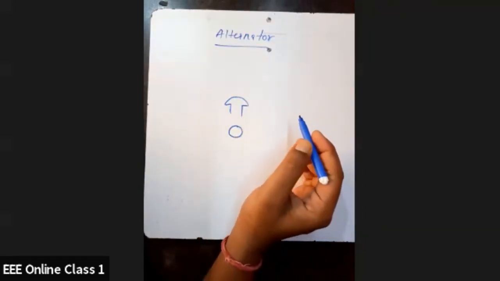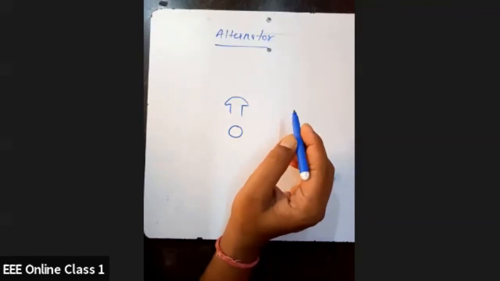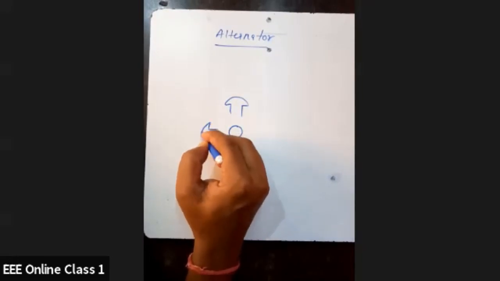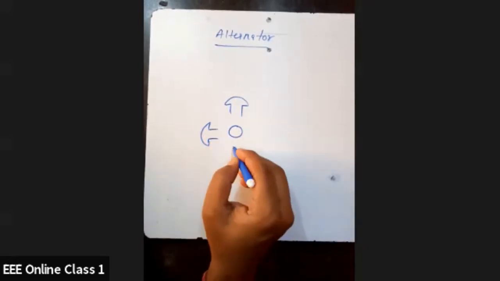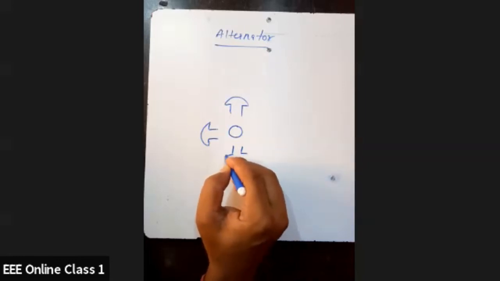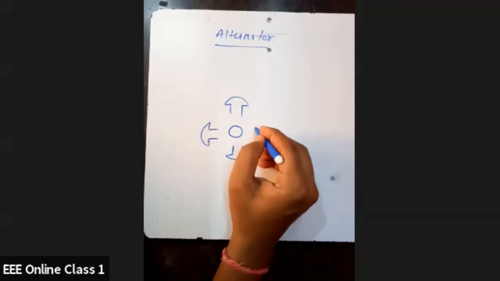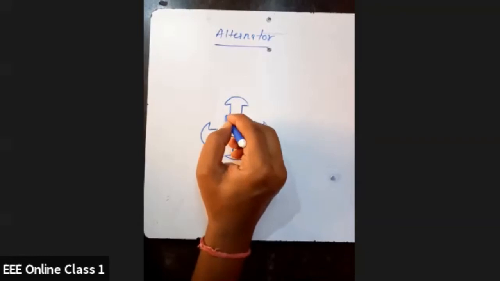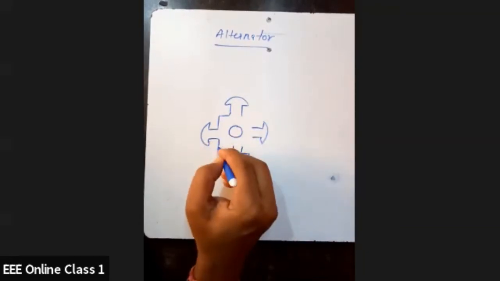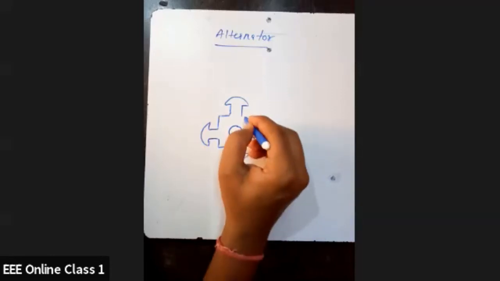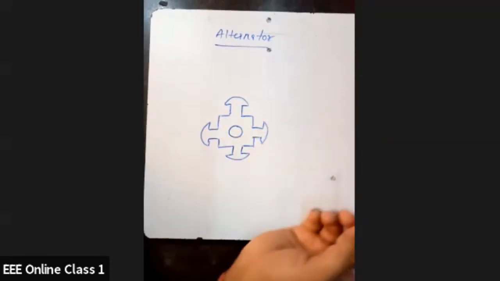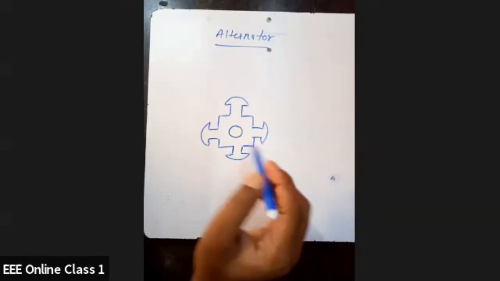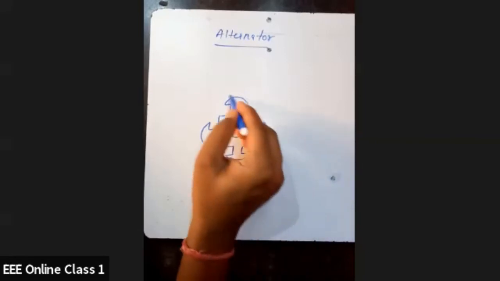Let us draw a 4-pole system, something like that. Now this becomes my rotor part, and this is the outer diameter.